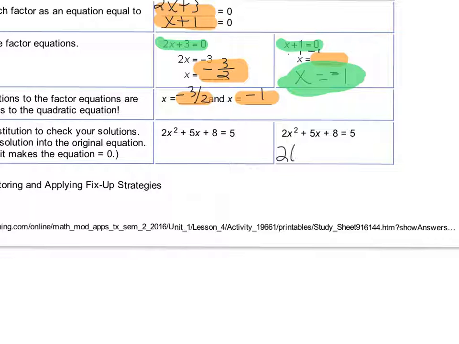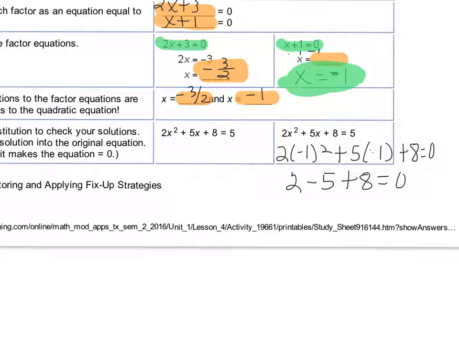So 2 times negative 1 squared plus 5 times negative 1 plus 8, and it should equal 0. So 2 times negative 1 squared is just 2, and then 5 times negative 1 is minus 5 plus 8 equals 0. So right here we have a negative 3 plus 8 equals 0. So it ended up being 5.